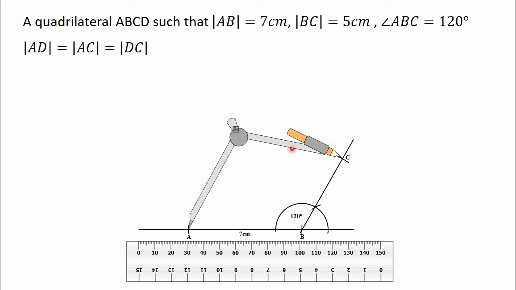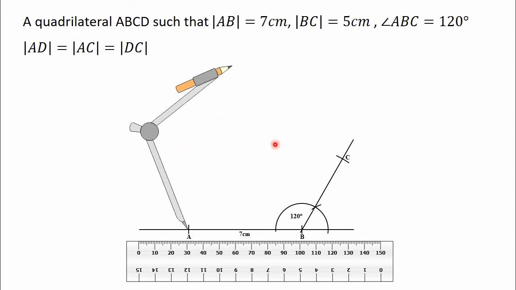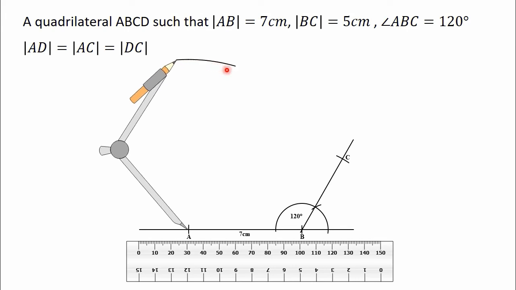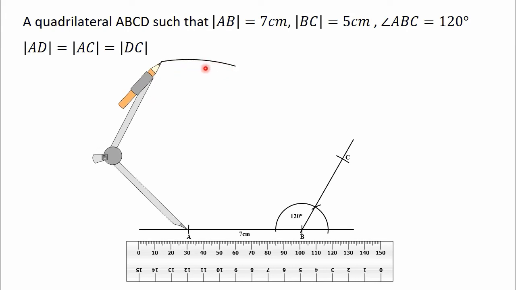Now by doing this, we have measured the distance between point A and point C. The question says that the distance from point A to point D is the same as the distance from point A to point C. So after getting the distance between point A and point C, all I'll do is turn the compass a little bit and construct an arc here. Point D will be somewhere on this arc.